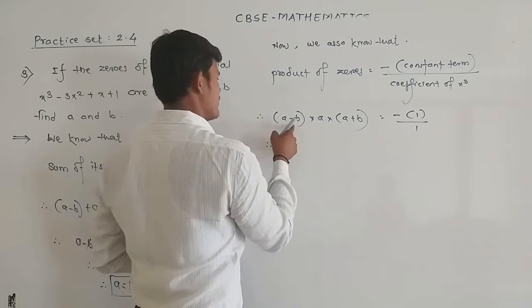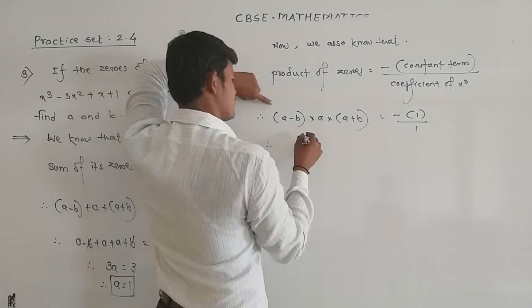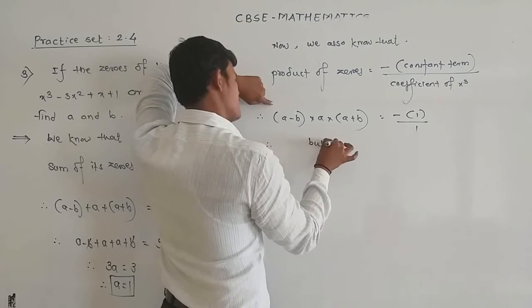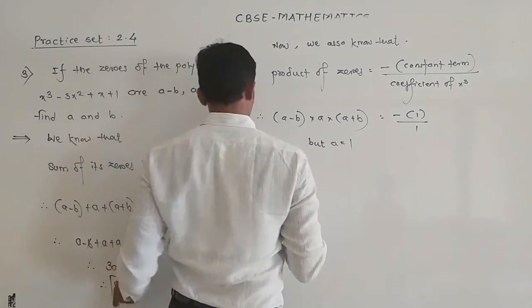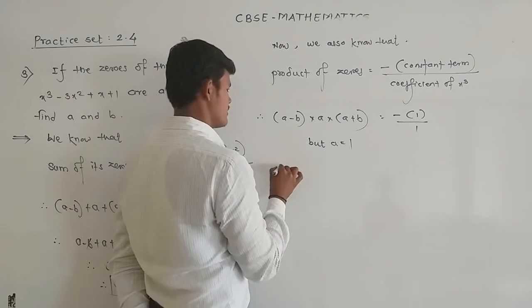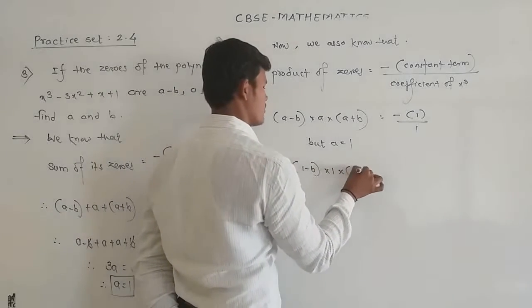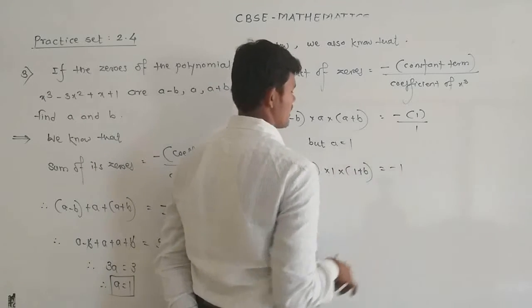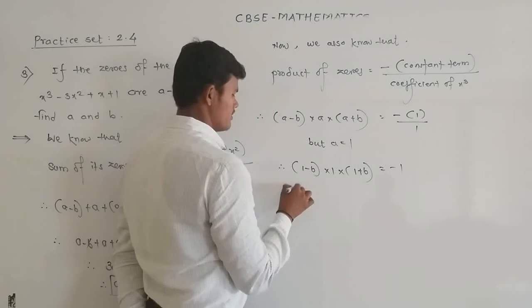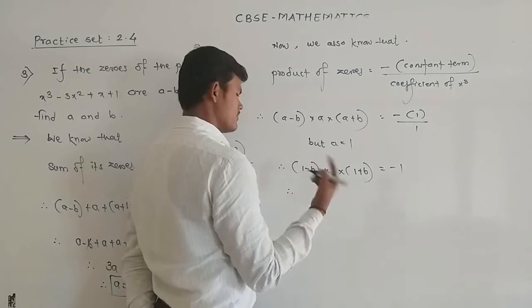So here the value of a is 1, so put its value, therefore we get 1 minus b into 1 plus b is equal to minus 1. So here 1 into anything is always anything.